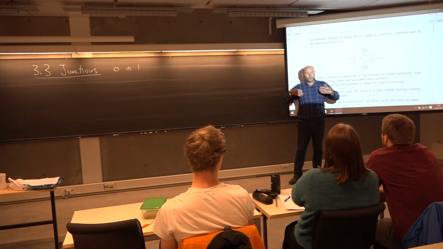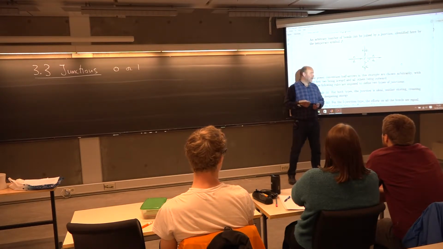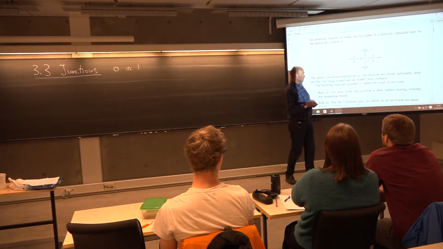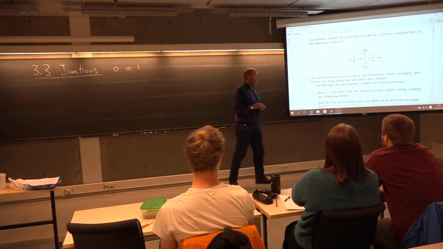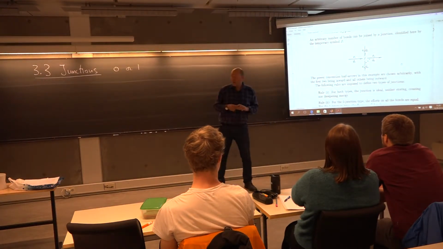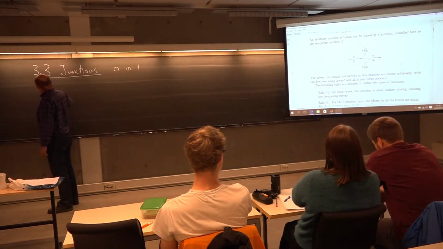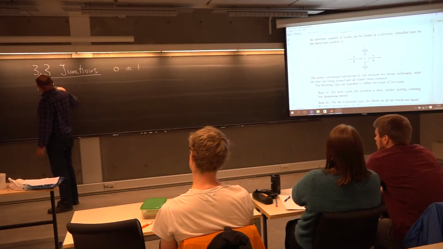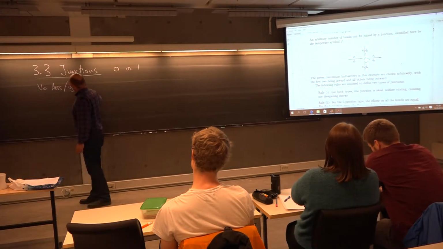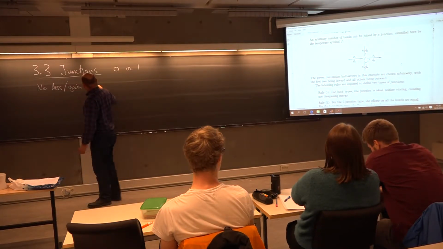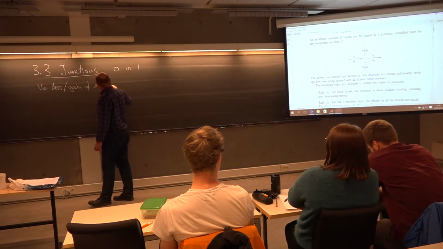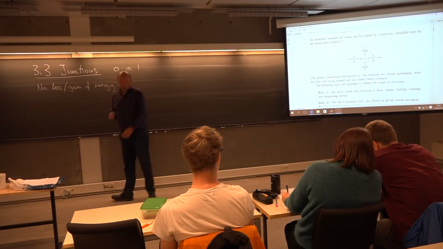They don't use energy, they don't create energy, they don't store energy, so they are completely ideal, as we call it. Junctions, no loss or gain of energy. That's important.